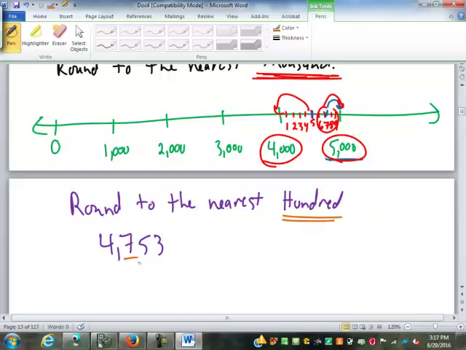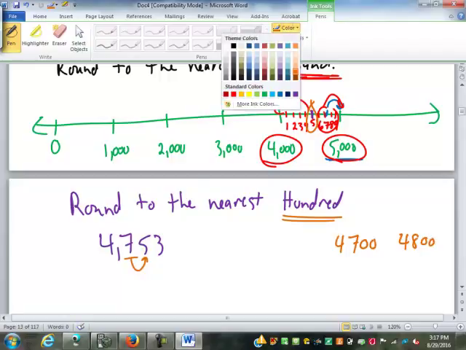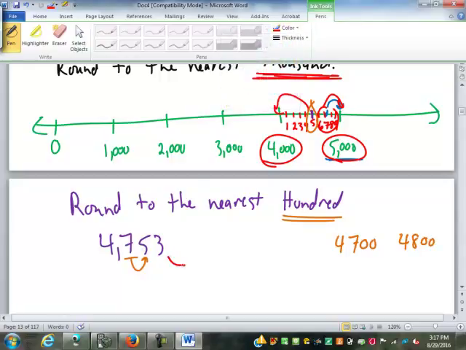Hundreds place, which is 7. I look at the next one, that's a 5. Well, 5 is right in the middle, isn't it? What do we do with it? We round up. The 7 tells us we're between 4,700 and 4,800. The 5, even though it's right in the middle, we've always been told that you have to round up, 4,800.